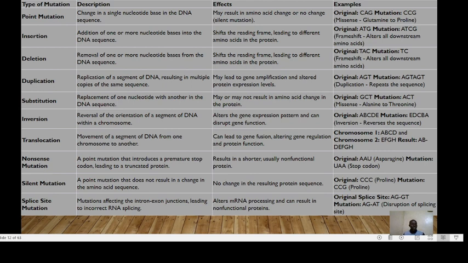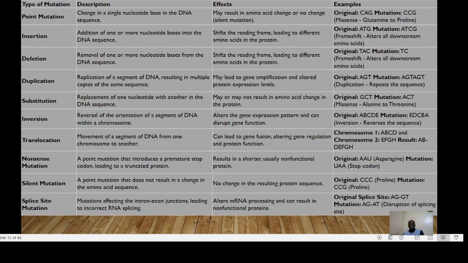What about insertion? Insertion could be the addition of one or more nucleotide bases into a DNA sequence so that it shifts the reading frame, leading to different amino acids in the protein. For example, if you had a codon of ATG and the mutation makes it ATCG, where C is inserted between T and G, this becomes a frameshift.